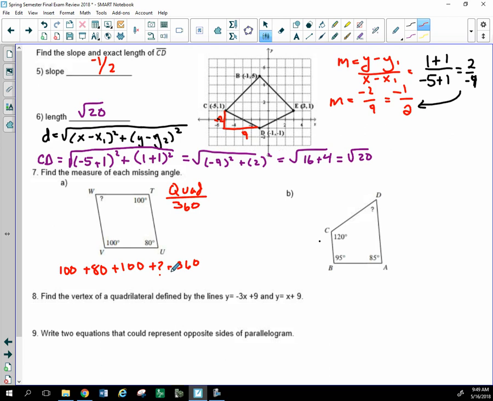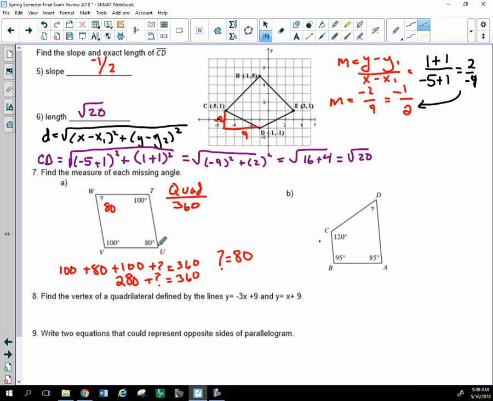You may remember some properties that this might be a parallelogram, but if you don't, this would be the way I would go about it. I get 280 plus the question mark equals 360. If I subtract 280 across the equal sign, the question mark comes out to be 80 degrees. That's what we were looking for.